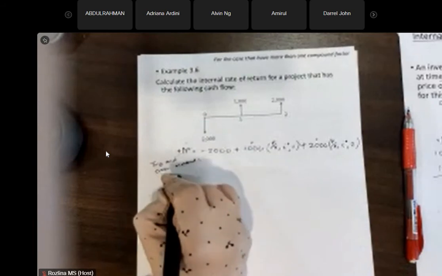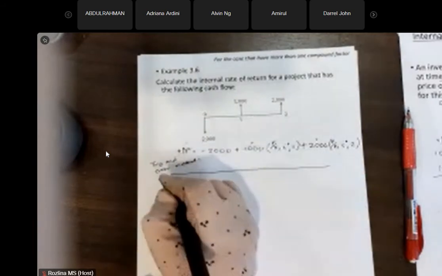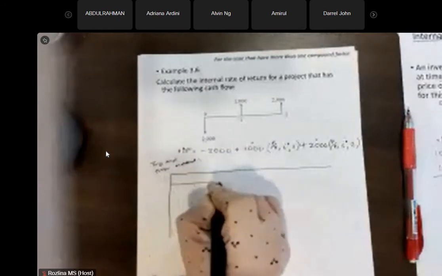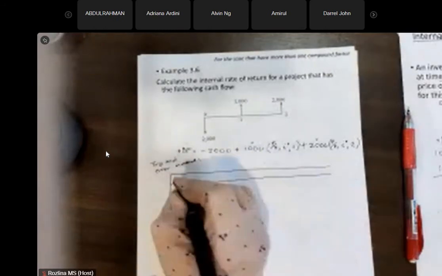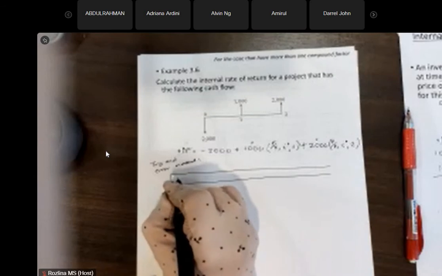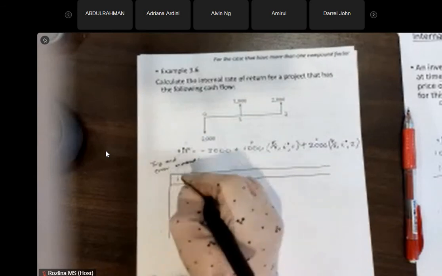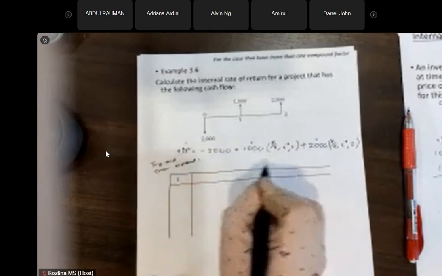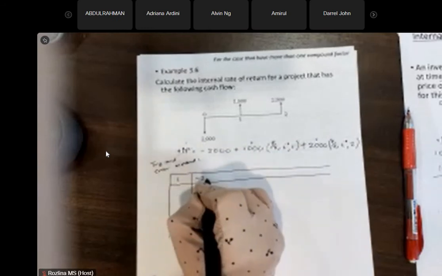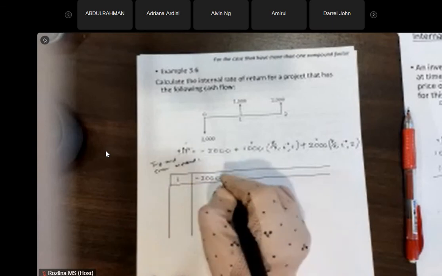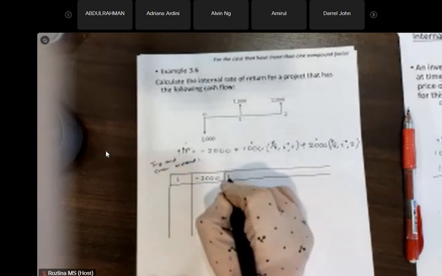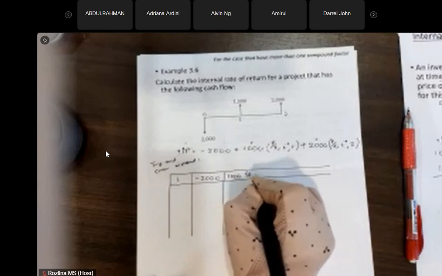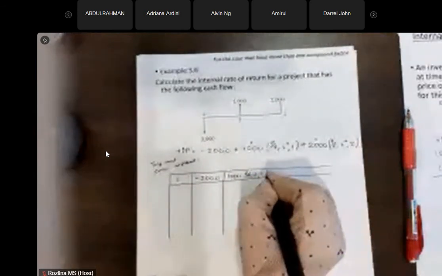Okay. First, you have to develop a table. Okay, the table consists of the I value and the possible I values. Then, okay, yang ni letak one by one. Okay, you have negative 2,000. Okay, then you have 1,000 P over F I 1.